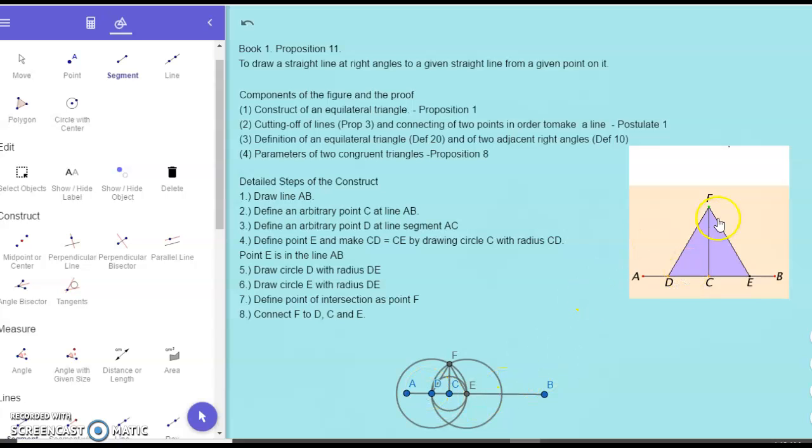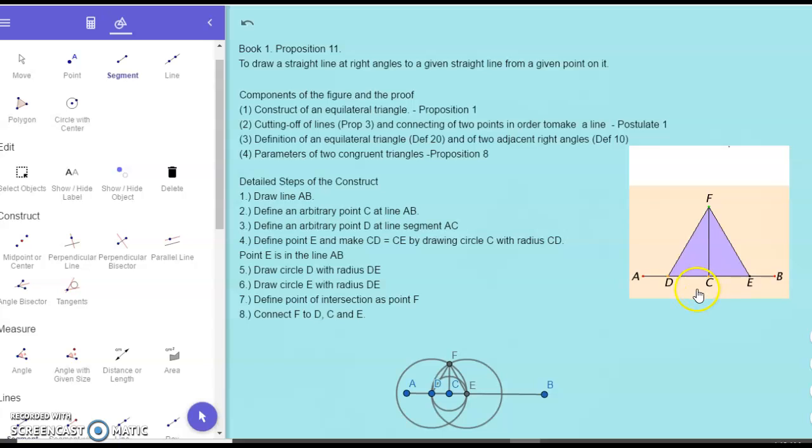Knowing that we have an equilateral triangle here, then we can say that side DF is equal to side FE. And since we have here the line FC, then we can say that line FC is equal to itself.